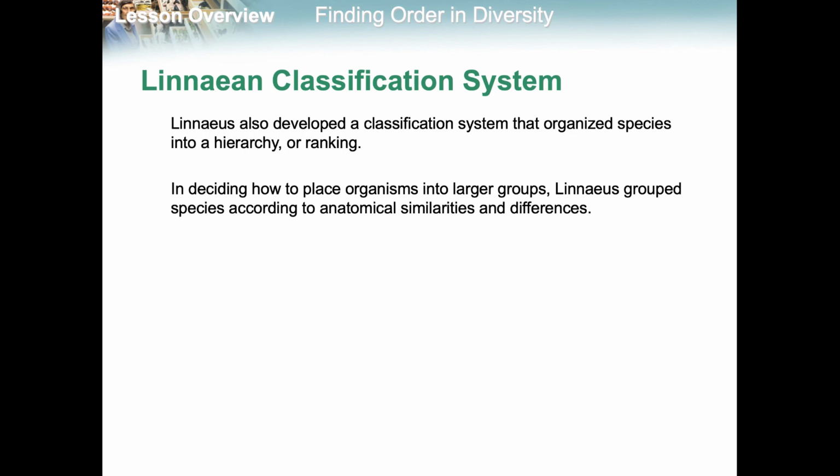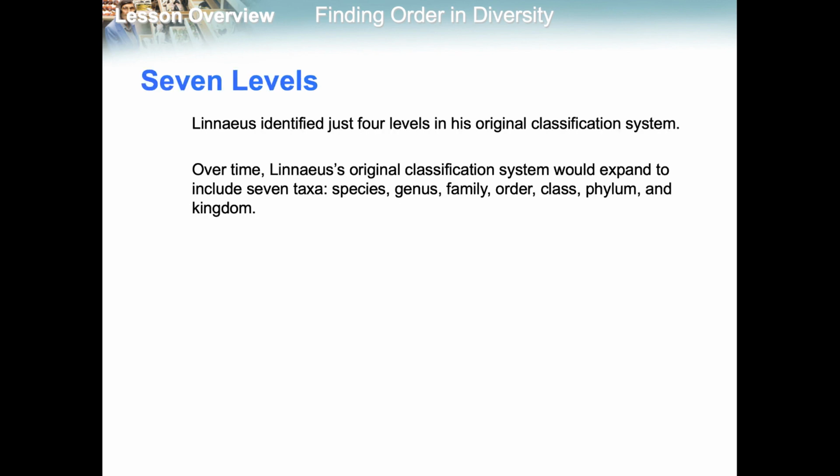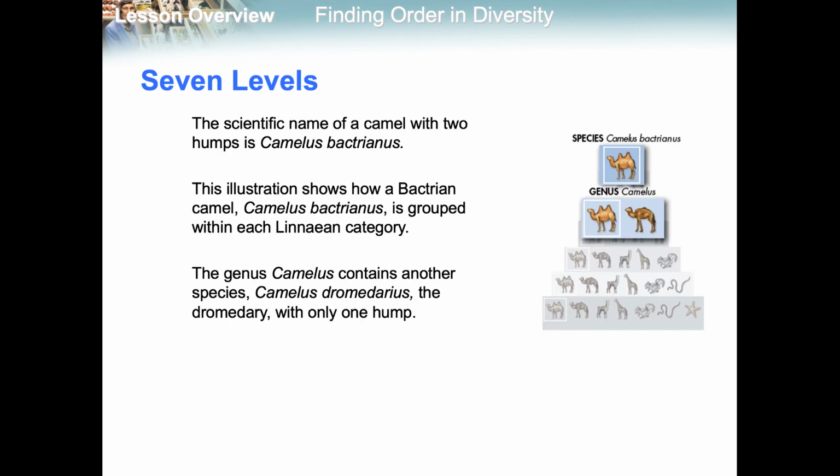Linnaeus also developed the system into a hierarchy or ranking, placing organisms into larger groups. He grouped species by their anatomical similarities and differences. He just identified 4 levels in his original system. Over time, it turned into 7.